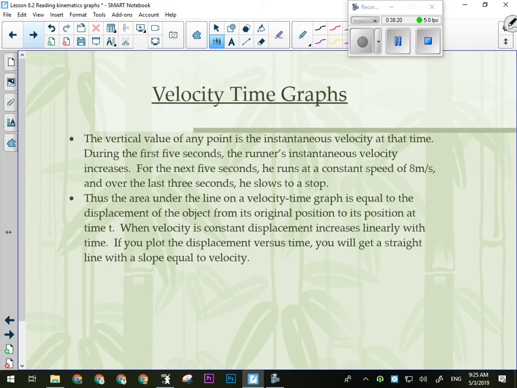All right, this is just what we've talked about, but written out in words for you, so you have this in your notes. On a velocity versus time graph, the vertical value of any point is the instantaneous velocity at that point, and the area under the line is the displacement of the object.